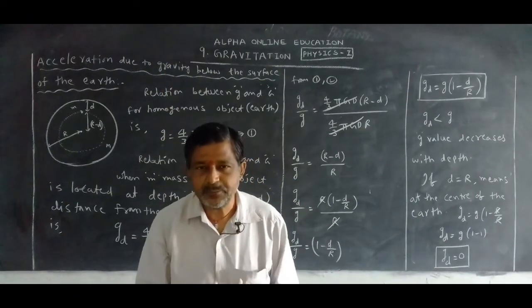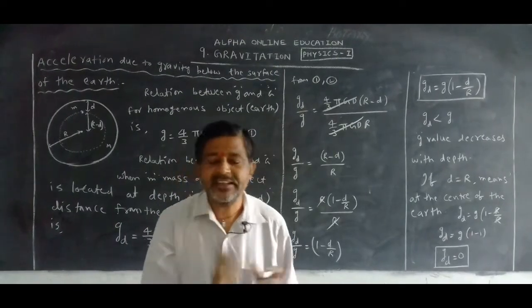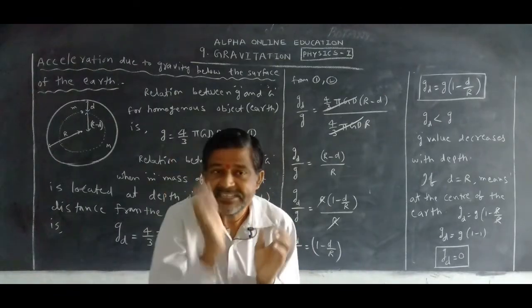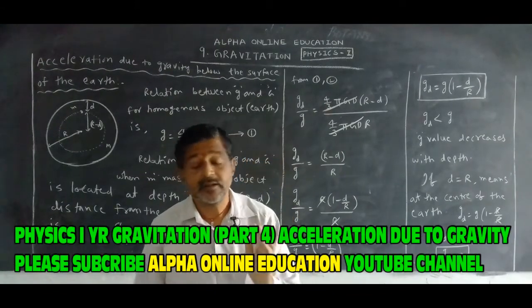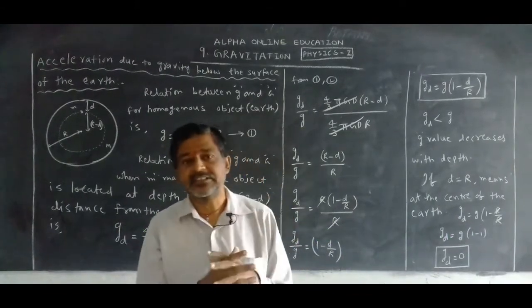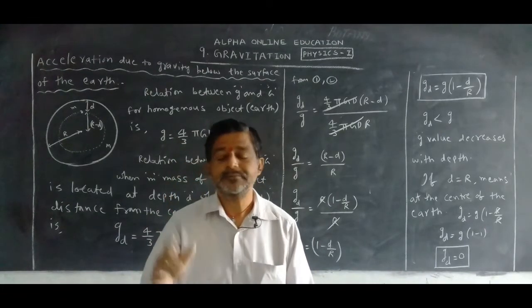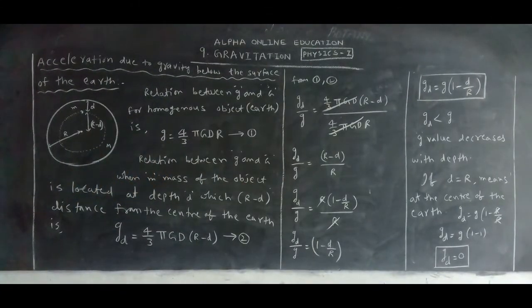Above, what is the formula? g_h is equal to g into 1 minus 2h by R, and at depth, g_d is equal to g into 1 minus d by R. But at the center of the earth, acceleration due to gravity is 0. Okay, these two topics are very, very important in this chapter. You must practice both till you get them thoroughly. These two are very, very important. Okay.